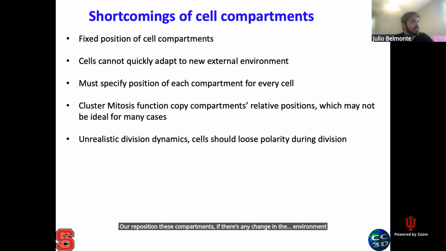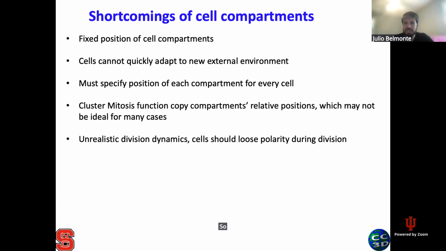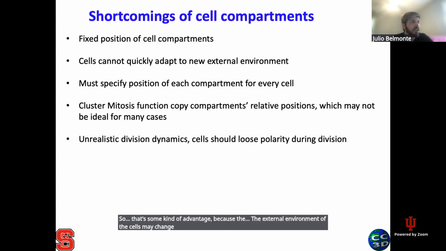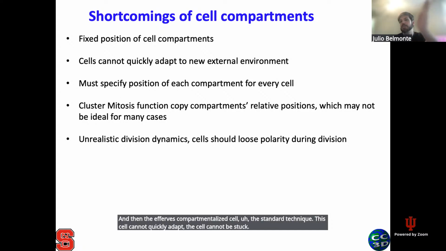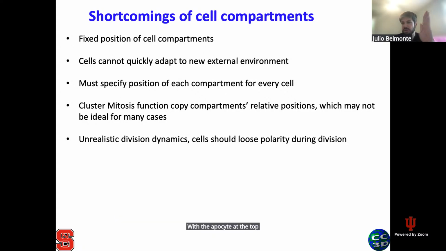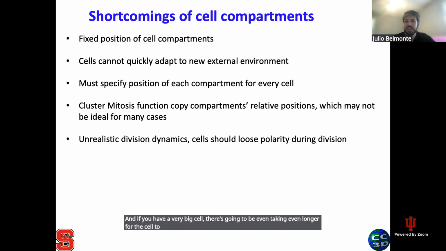That's a disadvantage, because the external environment of the cells may change suddenly, and if you use a compartmentalized cell, the standard technique, the cell cannot quickly adapt. The cell is going to be stuck with the apical side at the top and the basal side on the bottom. And if you have a very big cell, it's going to take even longer for the cell to rotate and readapt or find its new position.